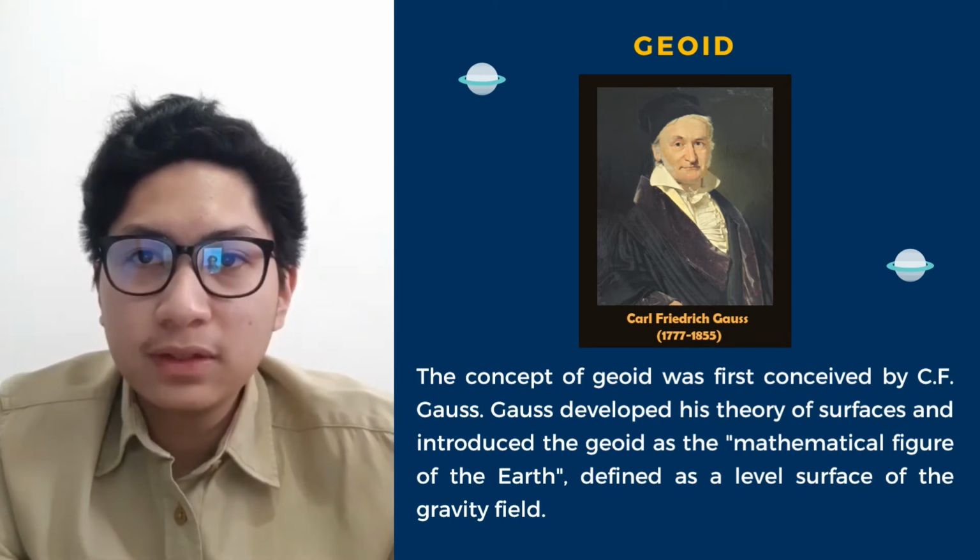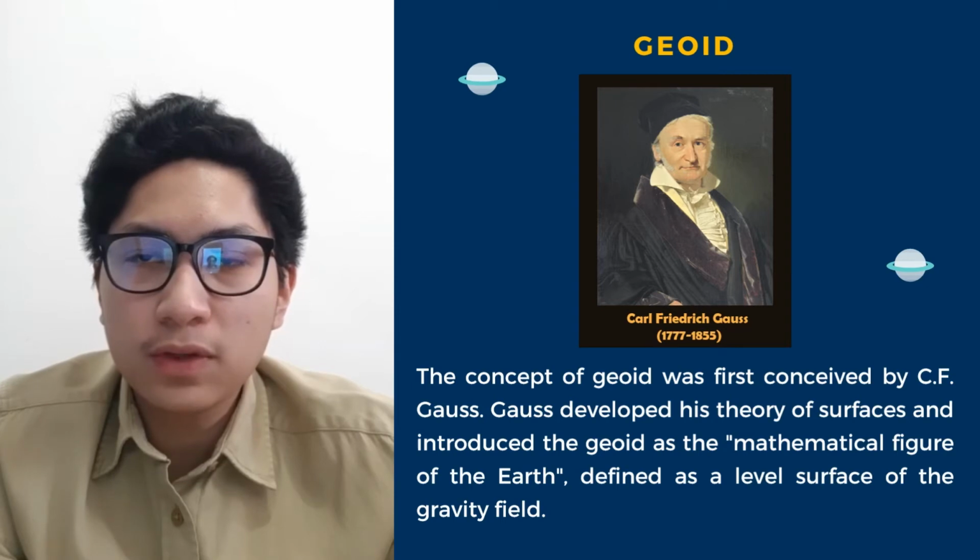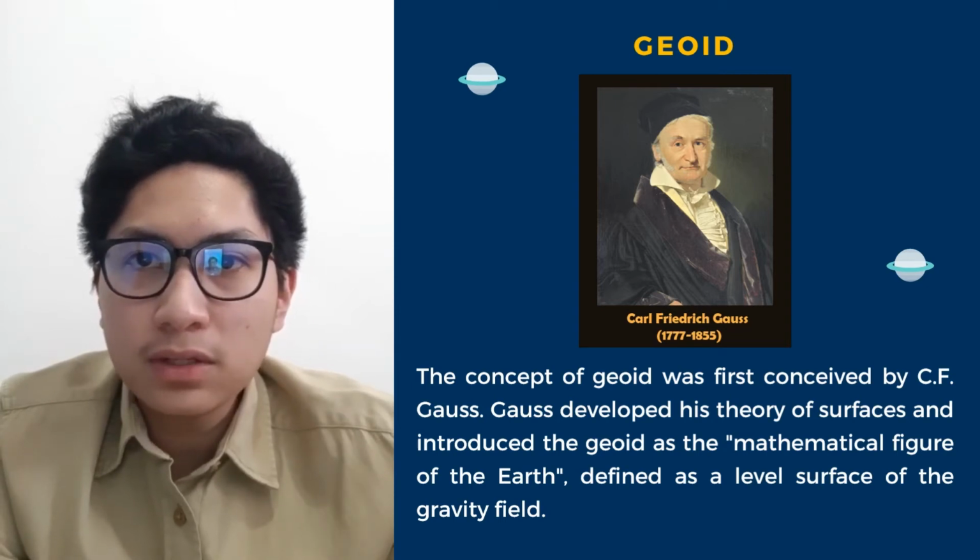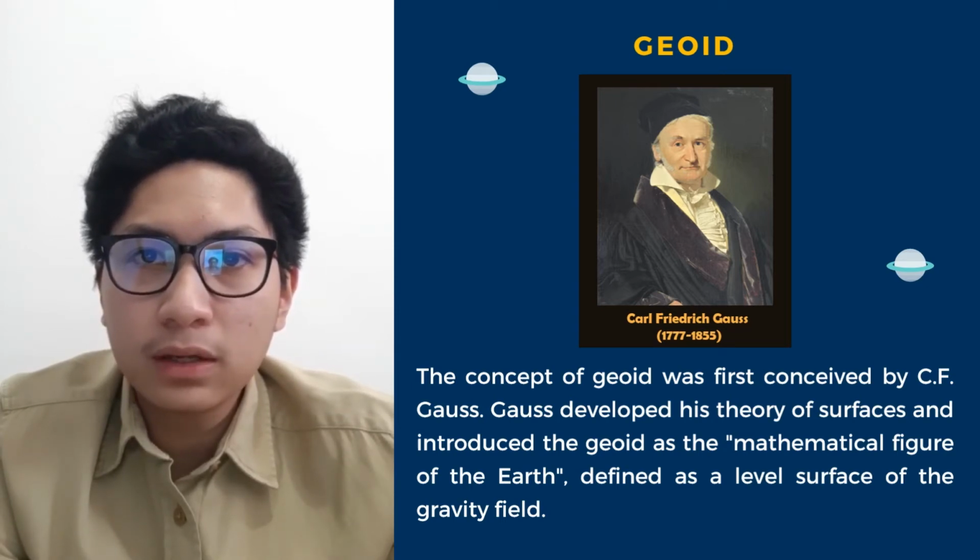This gravity-defined equipotential surface would theoretically coincide with the mean ocean surface of the Earth, if the ocean and atmosphere were in equilibrium, at rest relative to the rotating Earth, and the seas extended through the continents.